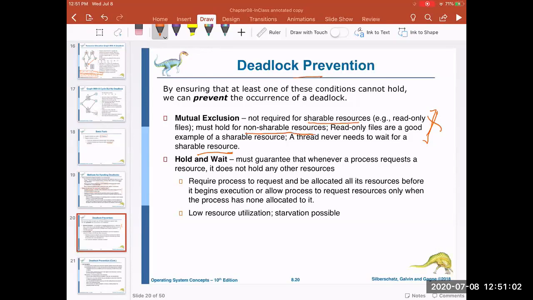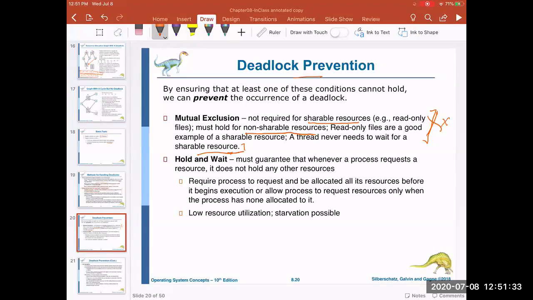You have already seen the impact, okay? Mutex locks and semaphores are particularly designed for synchronization, so they are non-shareable, and they are the main source of deadlocks, because there are many threads running and sharing them. So this condition cannot be relaxed, in short.